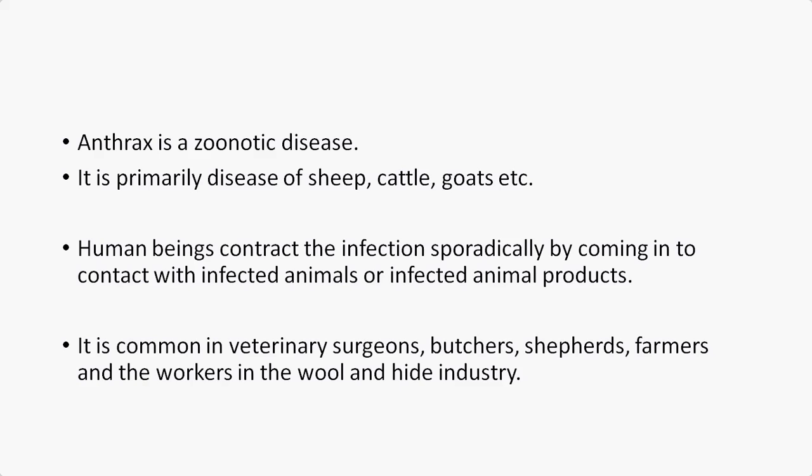So make a list of the zoonotic diseases. Anthrax is primarily a disease of sheep, cattle and goats. It is common in veterinary surgeons, butchers, shepherds, farmers and workers in the wool and hide industry, because they come in contact with such infected animals.